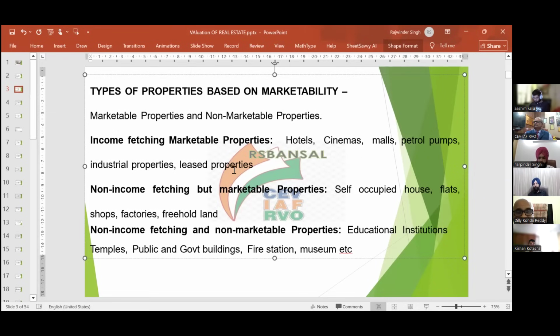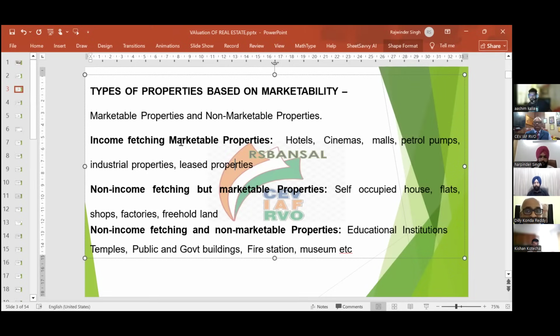They are called income fetching marketable property. And then there are certain properties which are though marketable, they are not income generating properties. These properties are called non-income fetching but marketable properties.